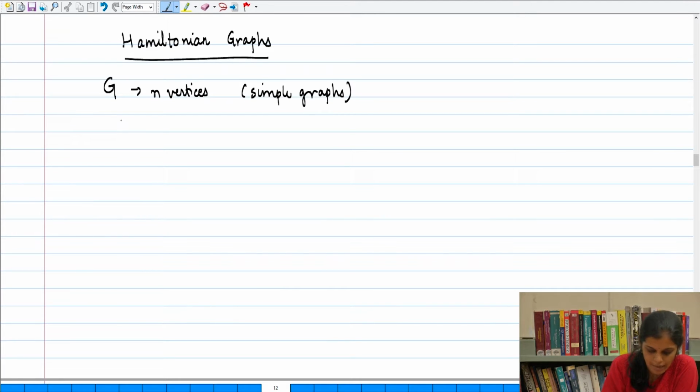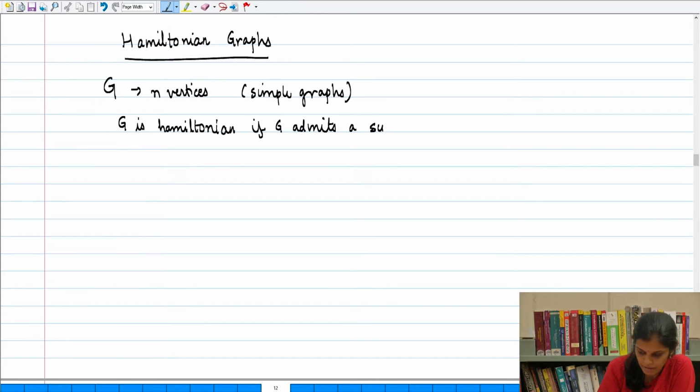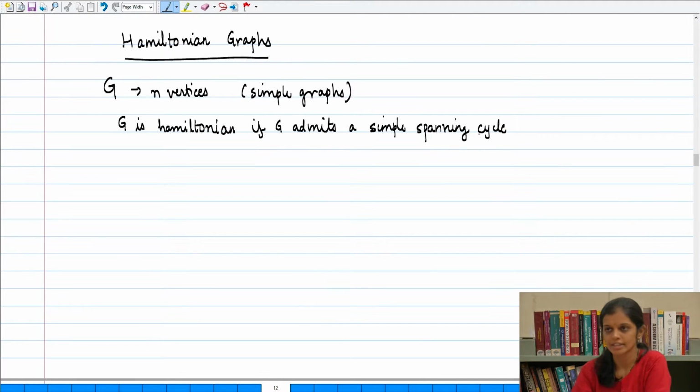So G is Hamiltonian if G admits a simple spanning cycle.